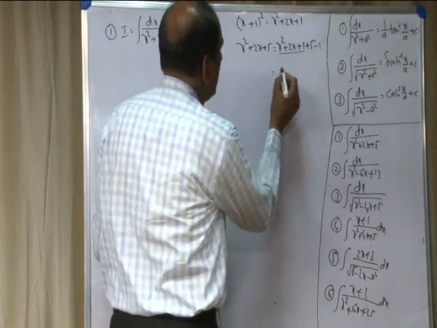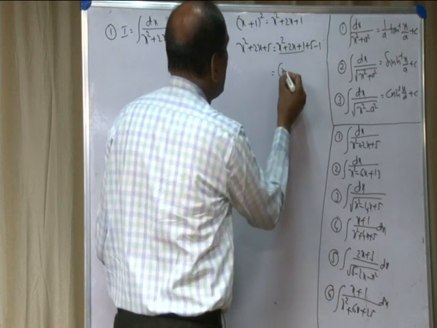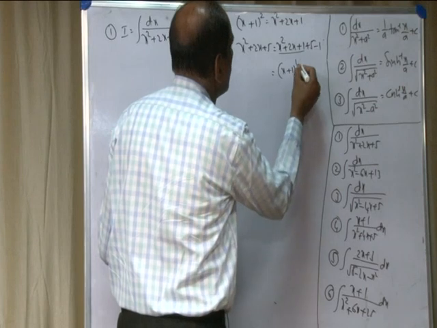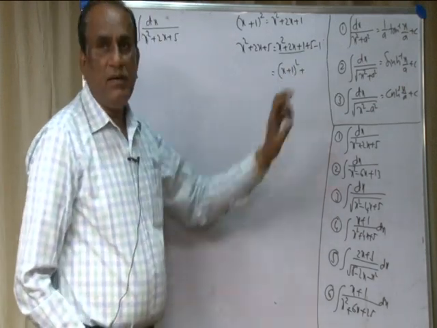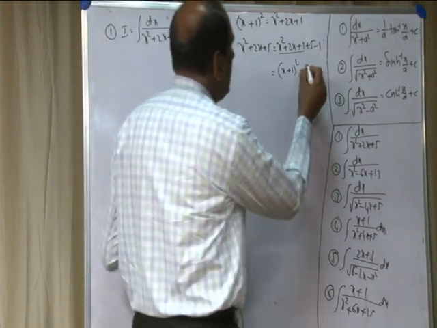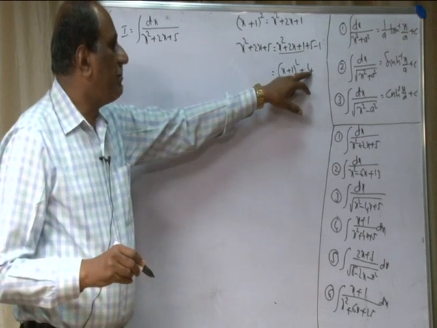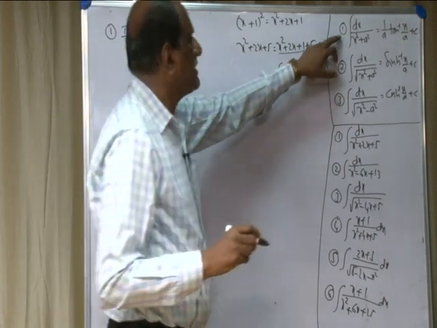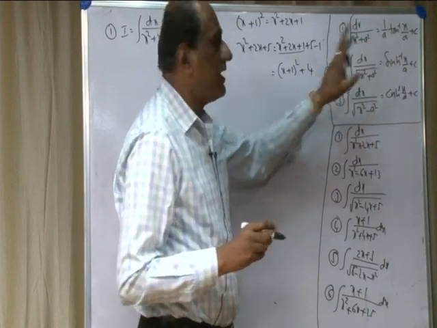Now, see here, how to write x square plus 2x plus 1? That can be written as x plus 1 whole square plus 5 minus 1 is 4. Again express 4 as a perfect square, because in the standard integral dx by x square plus a square is there.